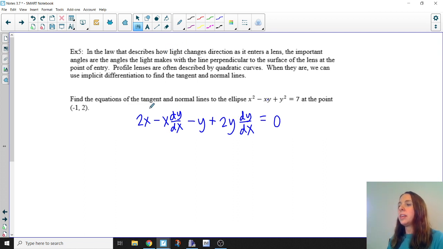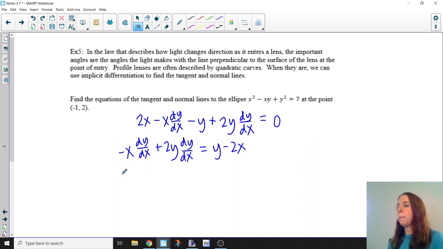All right, let's keep our terms that have dy over dx in them on the left. And let's move the other terms to the other side. So I'm going to add the y and subtract the 2x. I will then factor dy dx out.